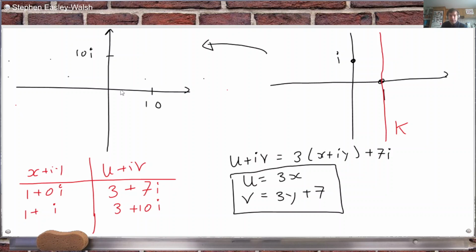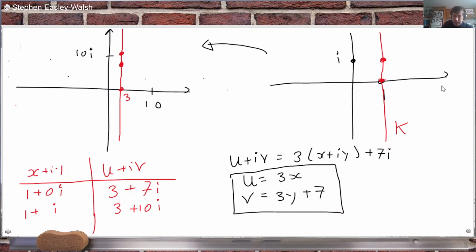So it's going to be 3 plus 7i, and then 3 plus 10i. And this here is at 3. Yeah, so I had to change the scale, but this gets pushed out. So I mapped these 2 points here to here. So it doesn't really look like it's changed much. Just this vertical line just gets moved out.